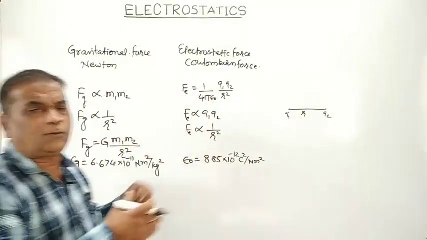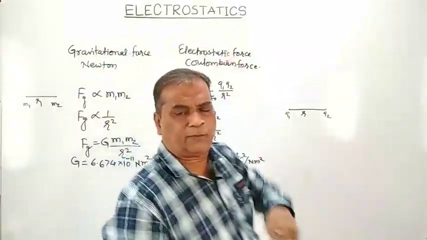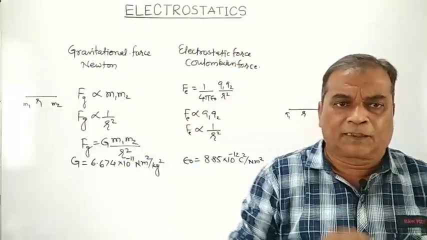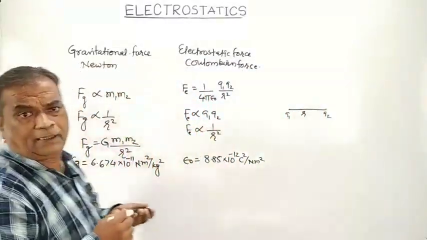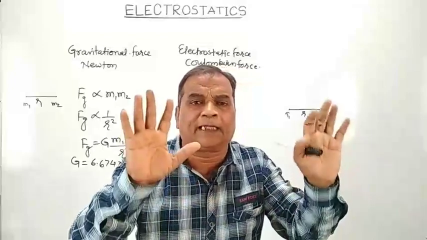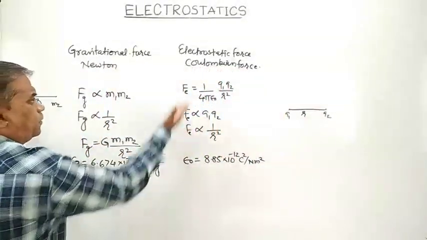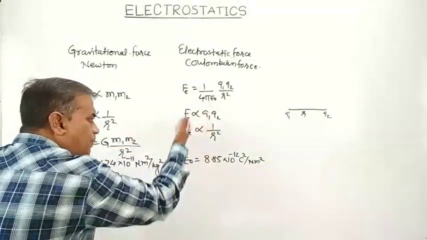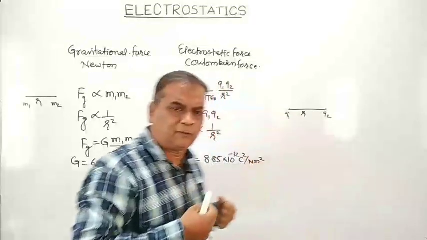Now we want to see what are the similarities between gravitational force and electrostatic force. What is the first point of similarity? Both will obey inverse square law, means electrostatic force or Coulombian force is inversely proportional to the square of distance of separation between two charges.